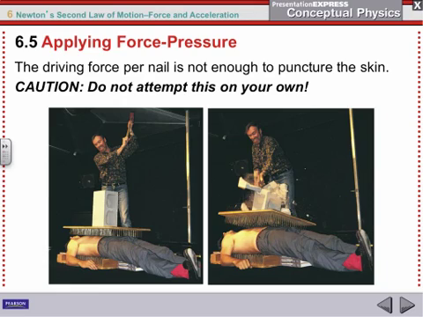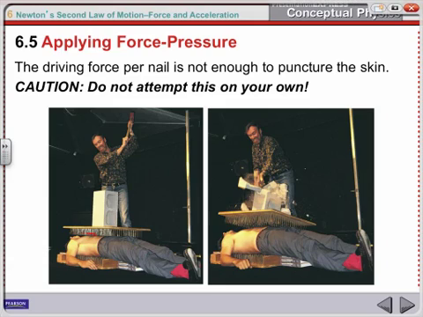So here's an example, this is the author doing this example, and I'm sure that someday we'll get to see Sean laying down here, and we'll break the brick on top of him, and it'll look beautiful. But the reason that this doesn't hurt him is because of all of these nails.